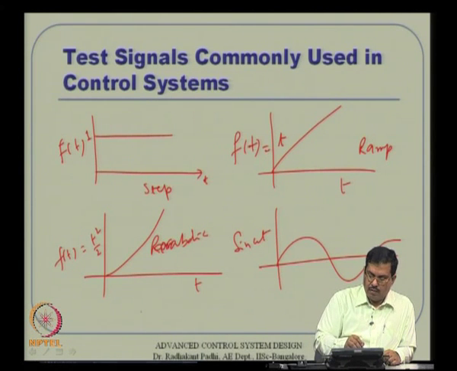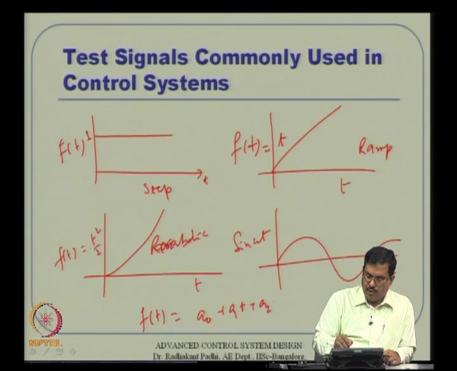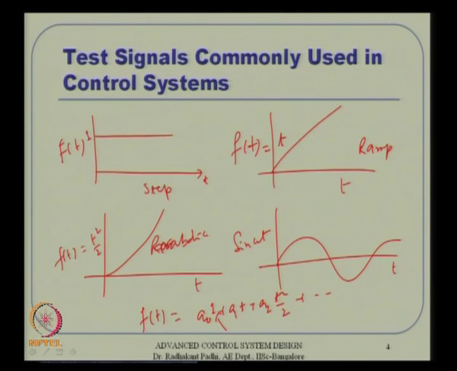So, you have the Taylor series f of t equal to a0 plus a1 t plus a2 t square by 2, and so on. If you test some function with respect to these three signals, 1, t and t square by 2, then at least up to the first 3 terms we have confidence that things are okay.